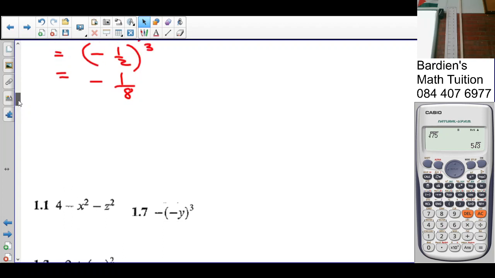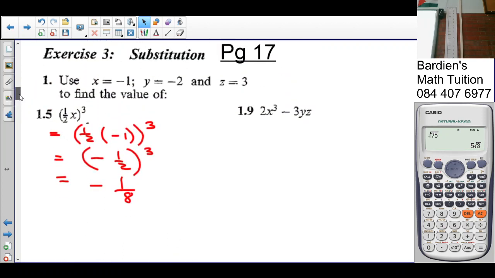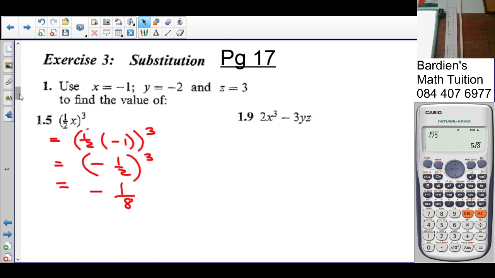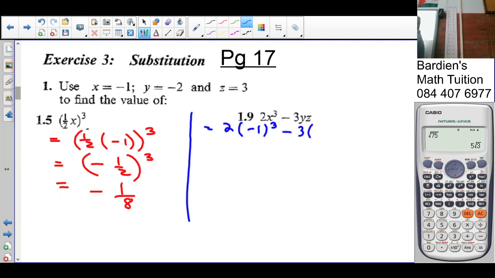1.7. I'll do 1.7 afterwards, since I got 1.9 already here. Again, what is x? What's the value for x? Negative 1. So it will be 2 open brackets, negative 1 cubed, minus 3 times negative 2 times 3.